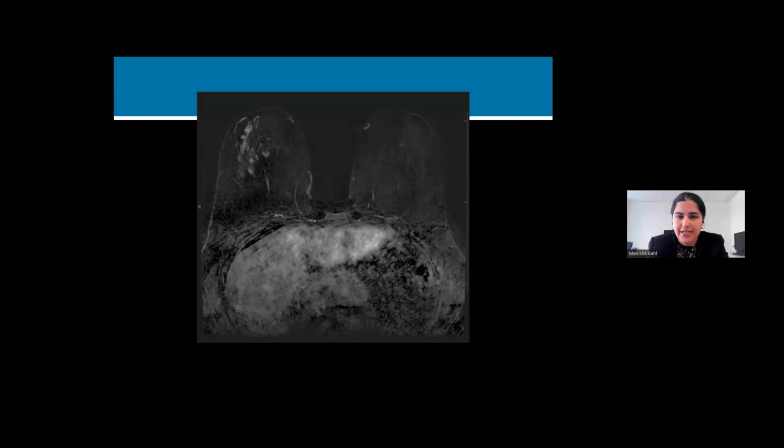This subtraction MR image shows non-mass enhancement in the right breast, which was biopsied under MRI guidance to yield invasive cancer as expected. This case is quite unusual, one of the few cases that I've seen in which the primary breast cancer is not well seen on the mammogram.